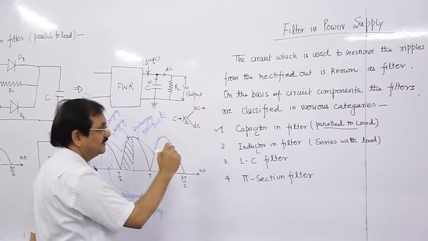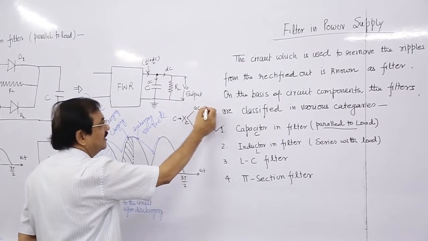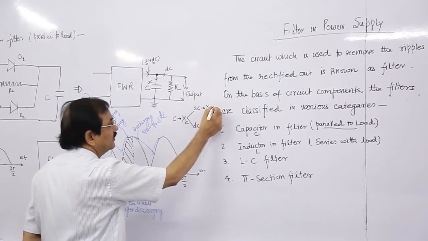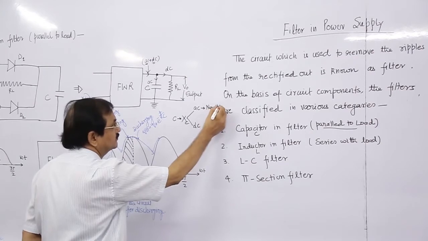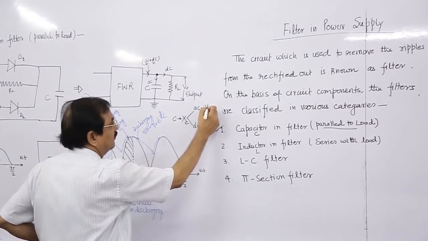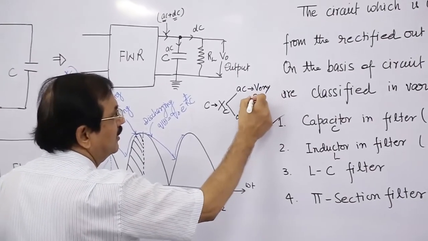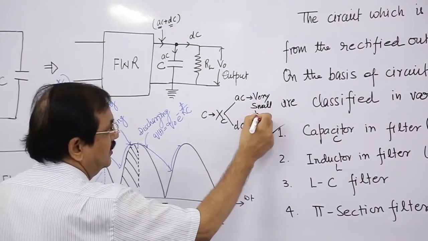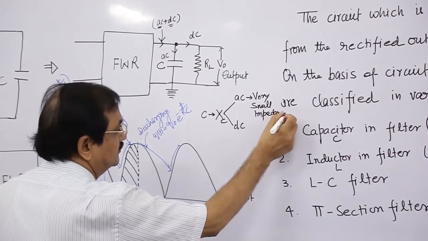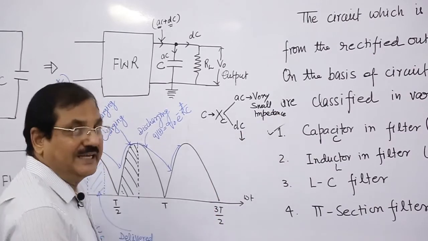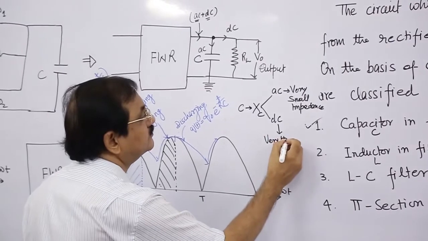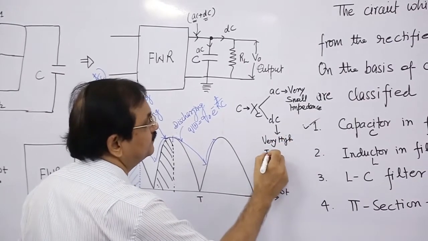For AC, it is negligible, or we can say very small impedance, and for DC, very high impedance.